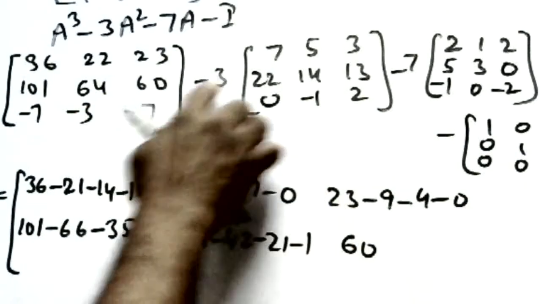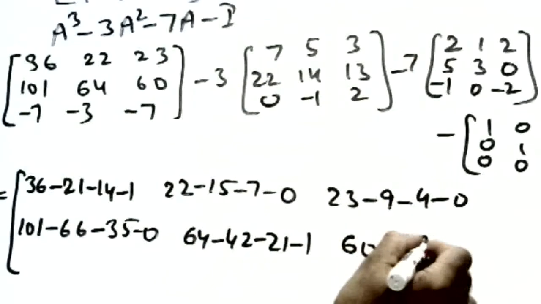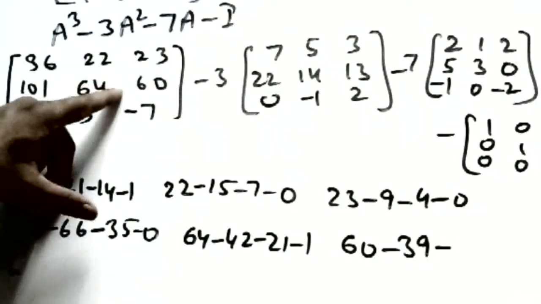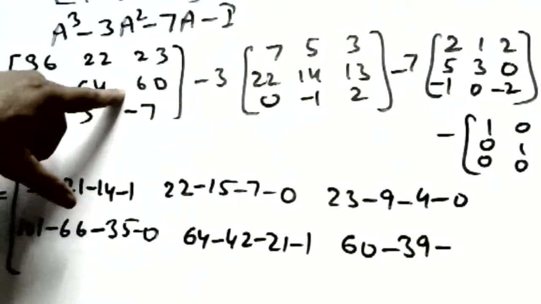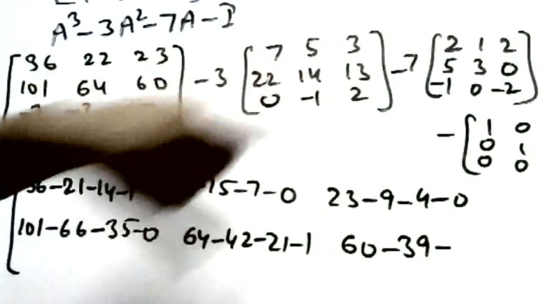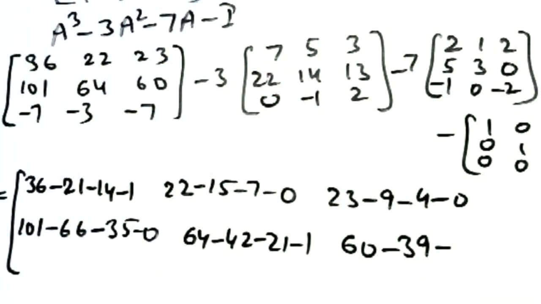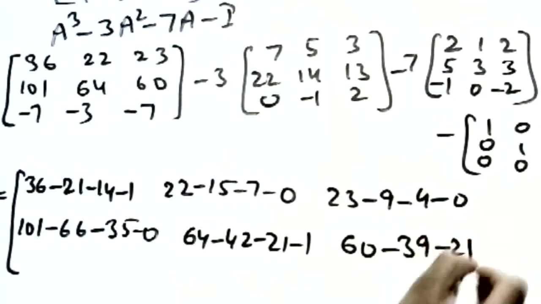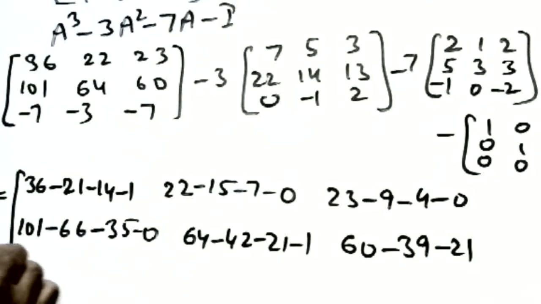Now lastly here 60, minus into plus, minus 39, we are writing the third term. See here 60, minus 3 into 13 is 39. See here I wrote 0, actually it's 3 here, minus 7 3s are 21.